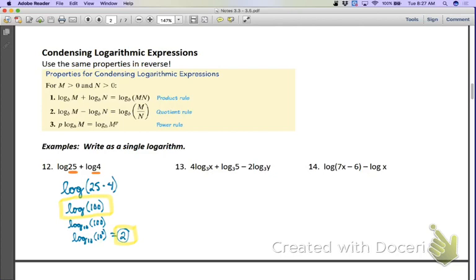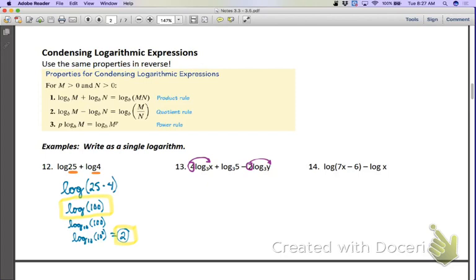Whereas whenever you have coefficients, always look at the number in front if you have one. So that 4 is going to go to the power here. The 2 is going to go to the power here.